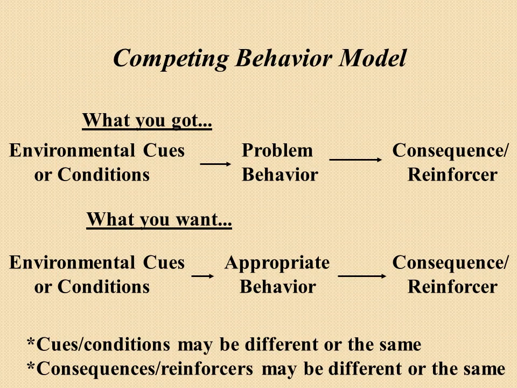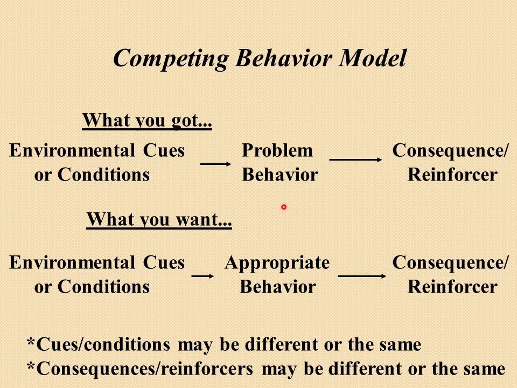So here's an example of basically what we're looking at. The top panel in the diagram here is showing you what's happening currently. You've got a problem behavior occurring in the context of some environmental cues, and there's some reinforcer that's maintaining this problem behavior.